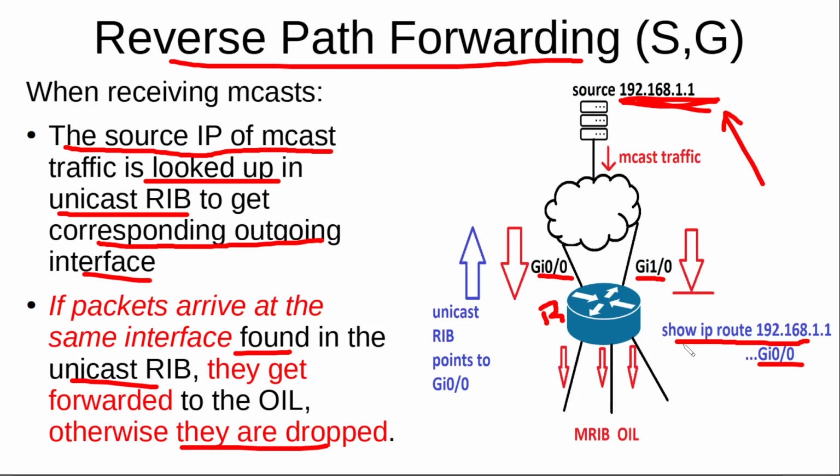In this example, the unicast routing table is telling us that this IP address is reachable through gigabit 0/0. So according to this rule, you will accept this multicast traffic that is received on gigabit 0/0, and you will be dropping the traffic that is reaching interface gigabit 1/0.